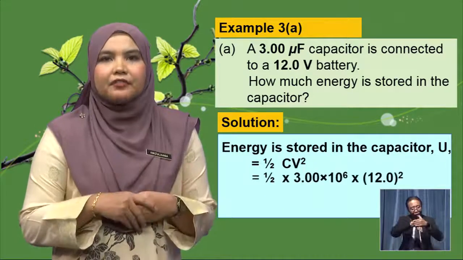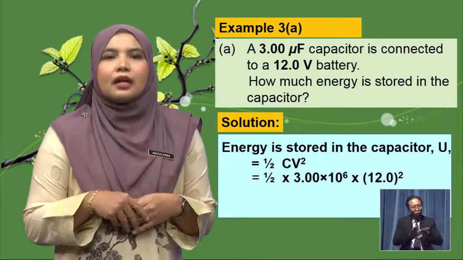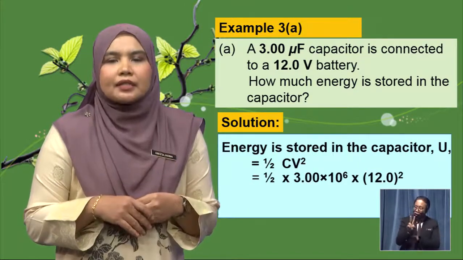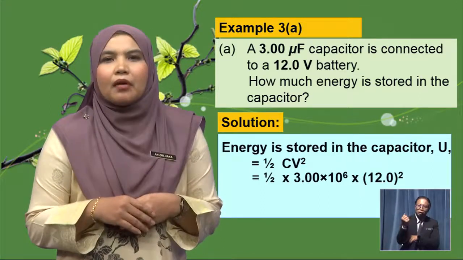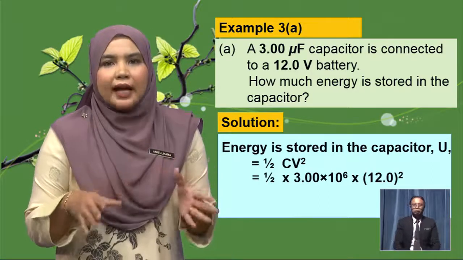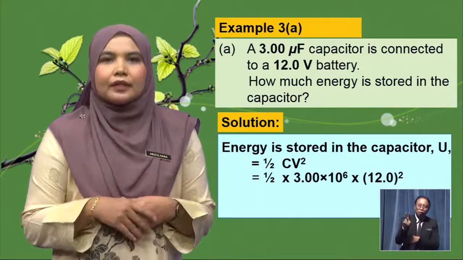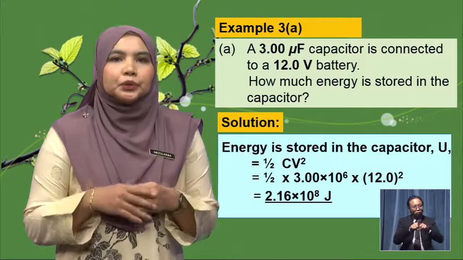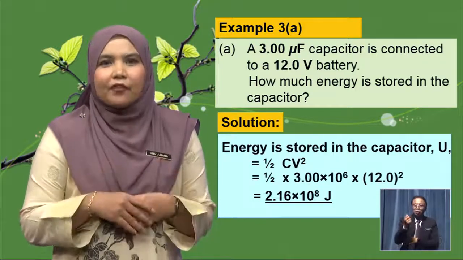Entering the given values, equals half times 3.00 times 10 to the power of 6 times 12.0 squared, equals 2.16 times 10 to the power of 8 joules.